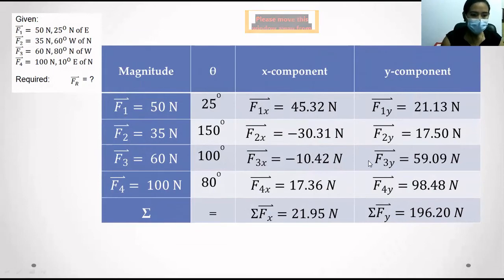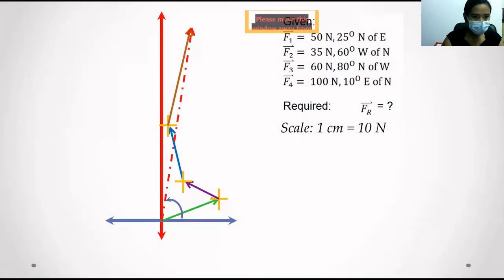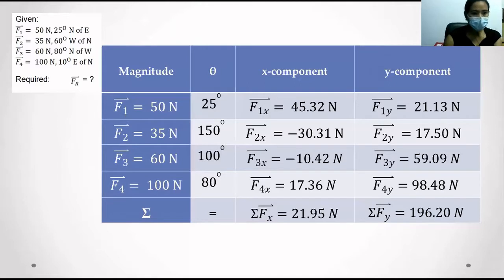Next, let's have a look at F sub 2, 35 newtons, 60 degrees west of north. Okay, let's continue.